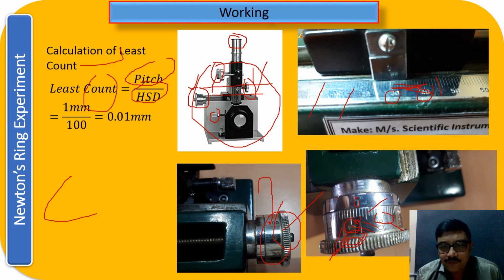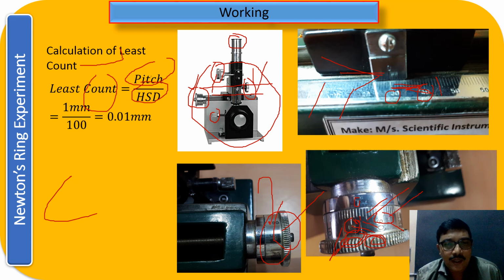Imagine you give one complete rotation to this. For every one rotation, this moves by 1 mm. If you give two rotations, it will move by 2 mm. That is, the distance moved on the pitch scale divided by the number of rotations given to the head scale gives you the pitch, right?